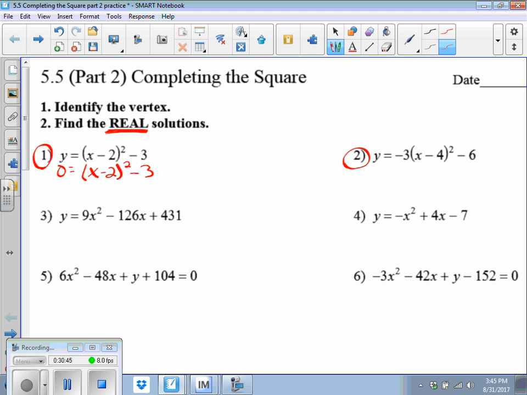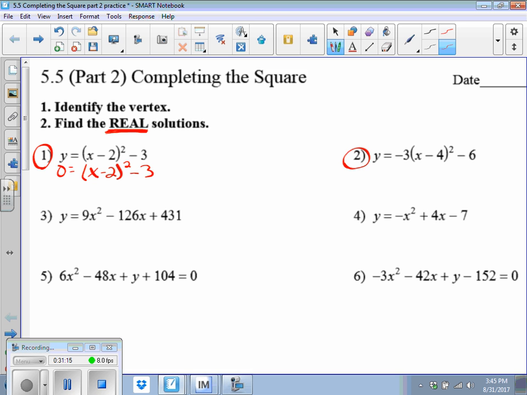I don't need to know the imaginary solutions. So if that happens, stop there, because you know that the solutions are imaginary, and your answer will be no real solutions. So don't do more work than you need to. If the solutions are going to have i in them, then I don't need to know them.